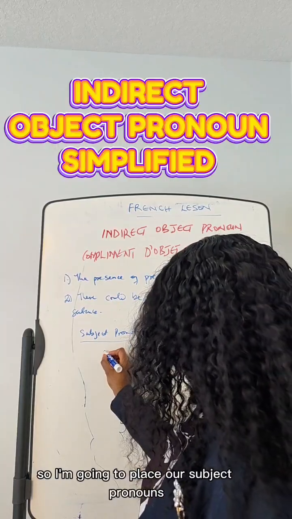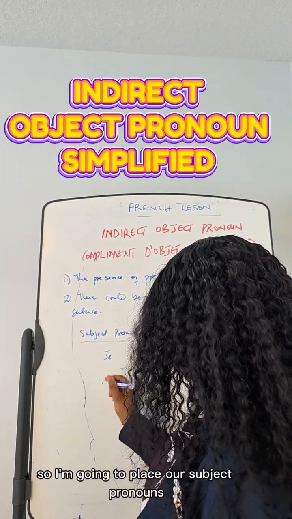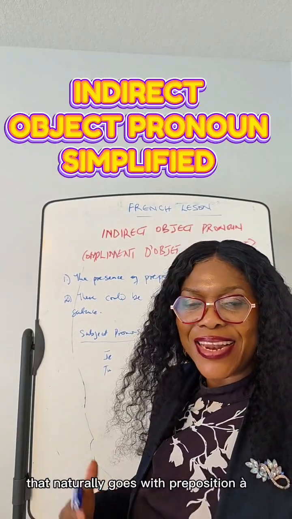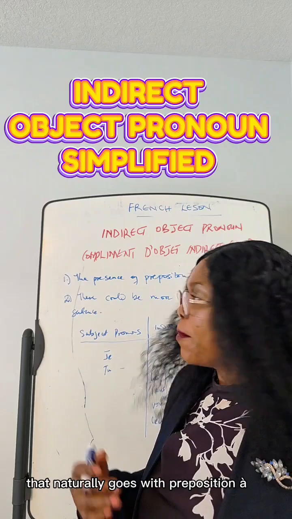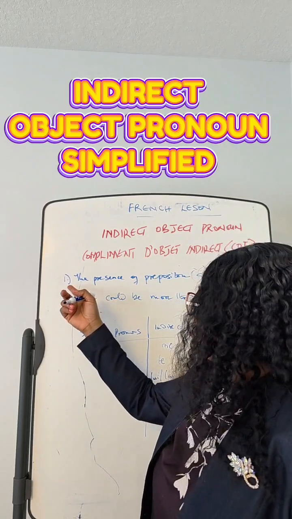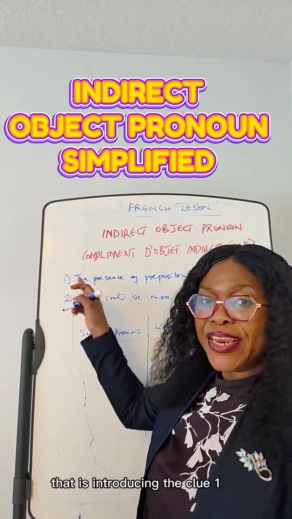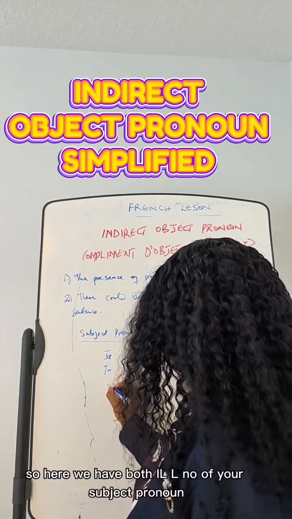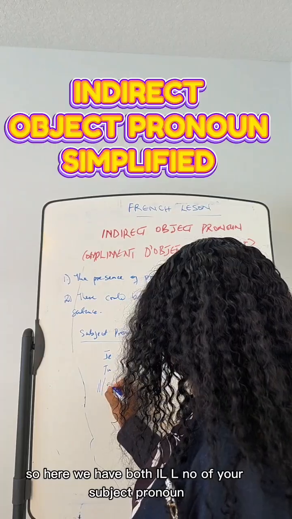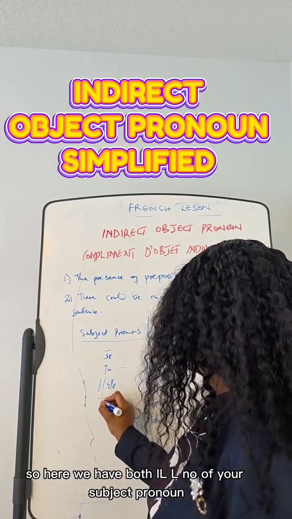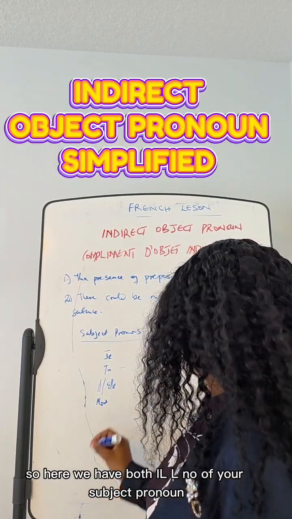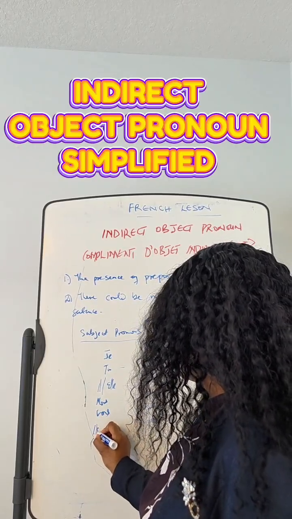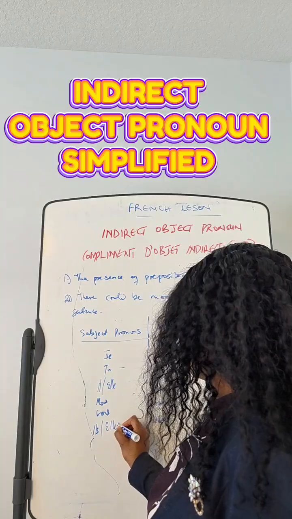So I'm going to place our subject pronouns, then I am going to use a verb that naturally goes with the preposition à, which introduces clue one in an expression of indirect object. So here we have il, elle, nous, vous, and ils, elles.